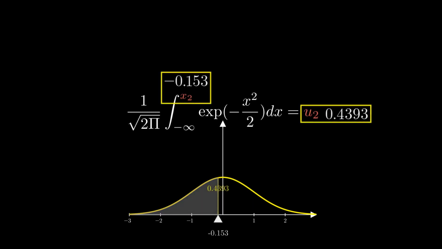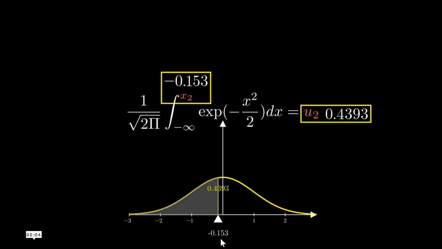There's another one. Okay, this time the probability is less than half, right, which means your x has to be negative, right? So if your probability is more than half, your x will be positive on this side. If your probability is less than half, your x has to be negative.